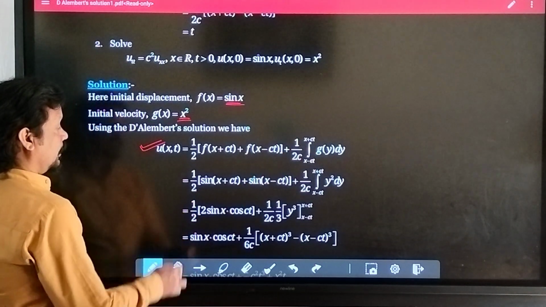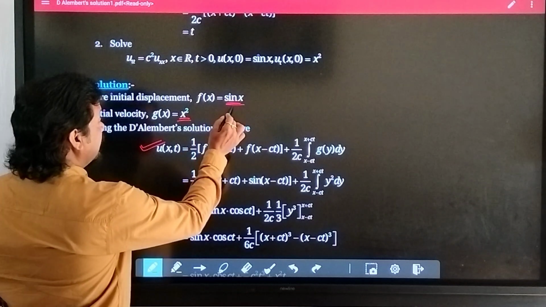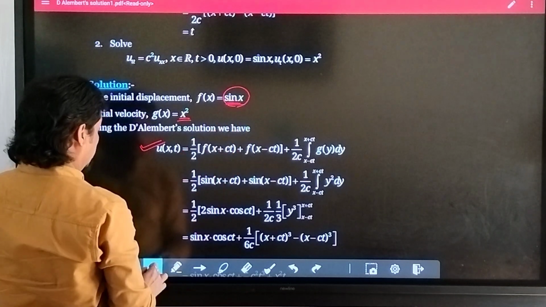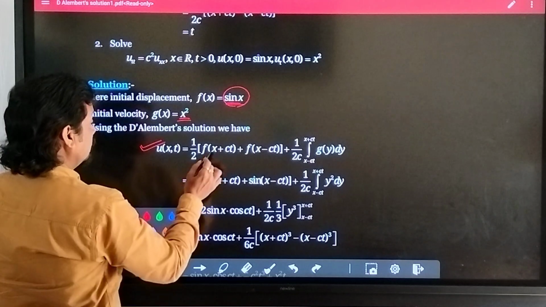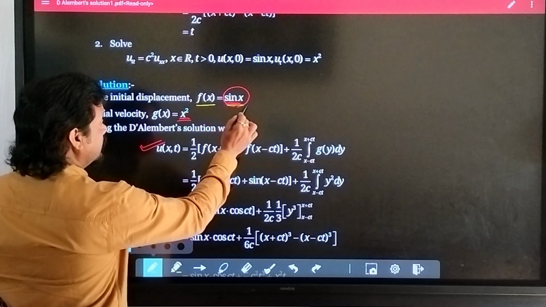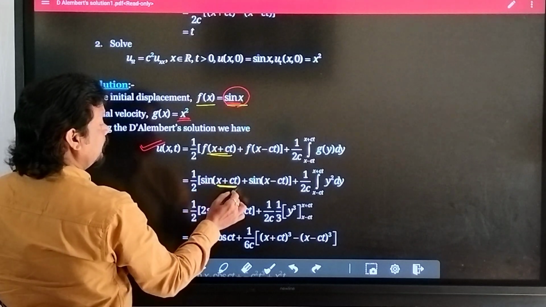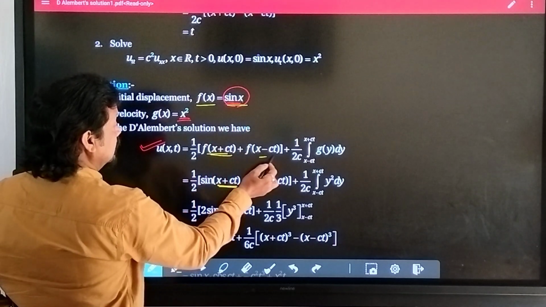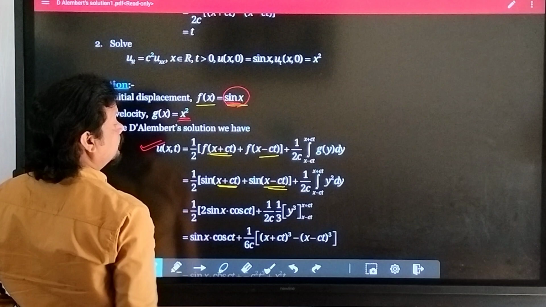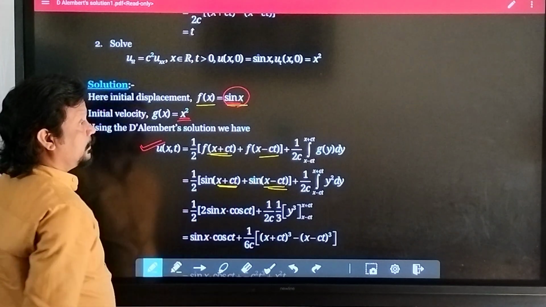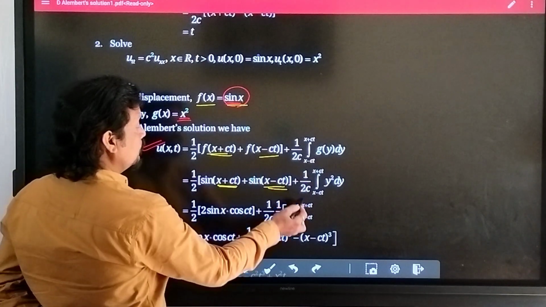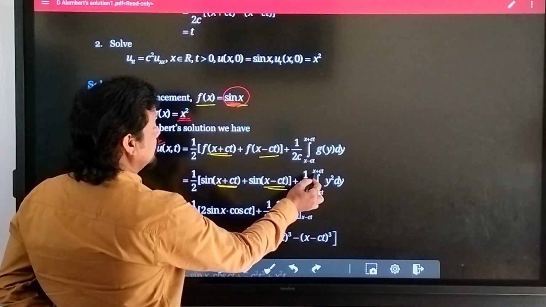So the D'Alembert solution is u of x, t equal to half of f of x plus ct plus f of x minus ct, plus 1 by 2c integration from x minus ct to x plus ct of g of y dy. How? F of x is sin x, so f of x plus ct is sin of x plus ct, and this one is sin of x minus ct. Bracket close; you should put the brackets in the proper way. Plus 1 by 2c integration from x minus ct to x plus ct.